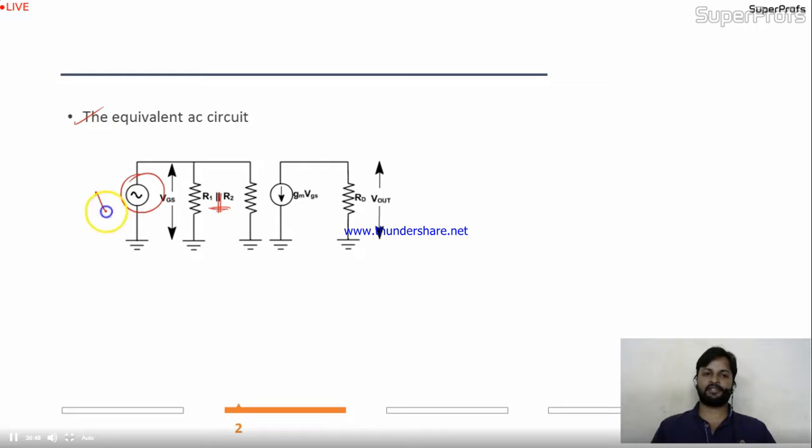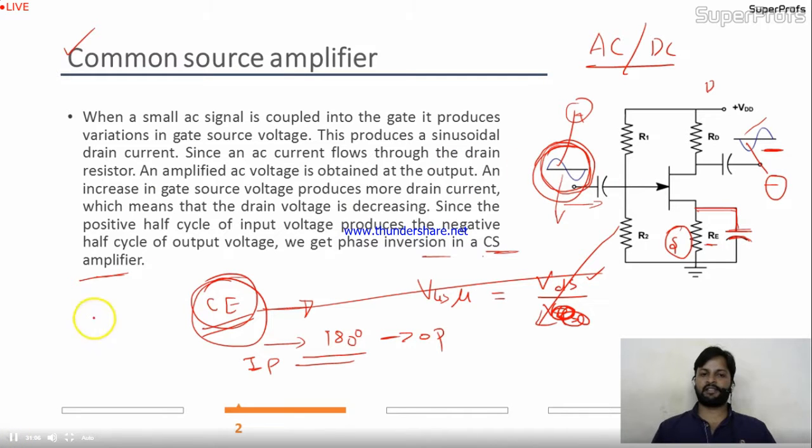VGS is there across, and here Vin we are applying. This is RGS. The current ID is nothing but minus gm VGS. Here is the RD, and here we are taking the output for this circuit. So now we will see only questions, numericals.